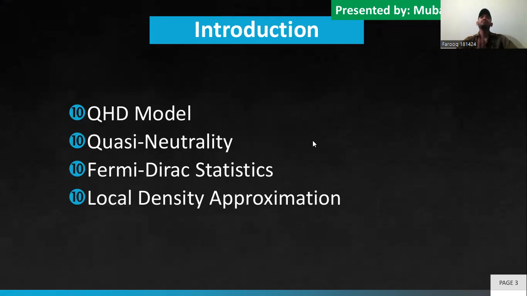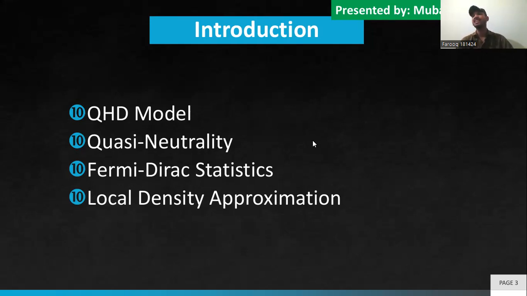Now, the quantum hydrodynamics model, or QHD model. It is a quantum mechanical model in plasma physics where we add quantum corrections to the classical Newton's second equation. Newton's second law is F equals ma. It's very simple.